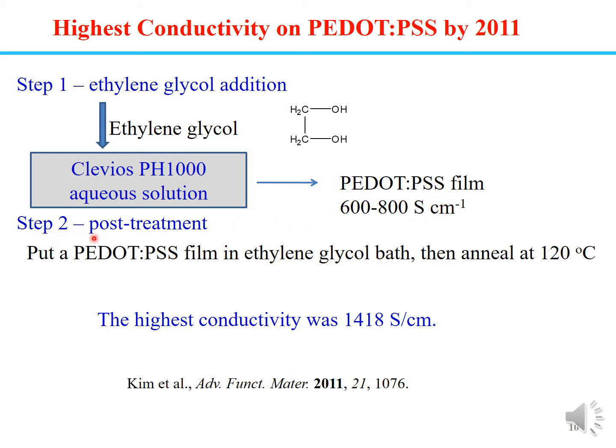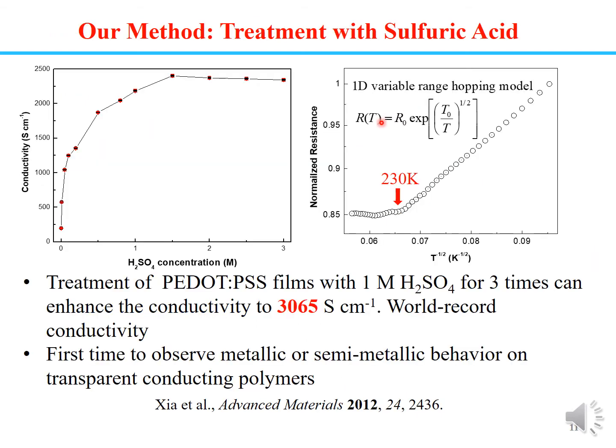Then the second step is a post-treatment of the PEDOT:PSS film in an ethylene glycol bath, and then anneal at 120 degrees Celsius. Through these two-step treatments, they observed a conductivity of about 1,400 Siemens per centimeter. This is the highest conductivity for PEDOT:PSS by 2011.